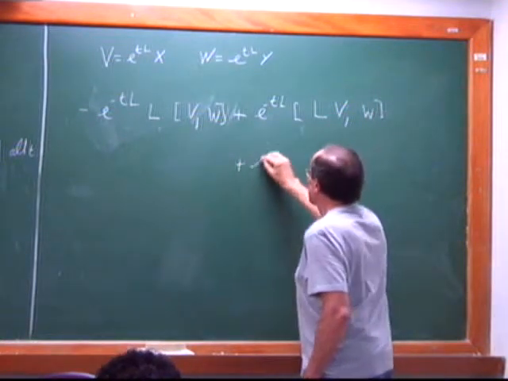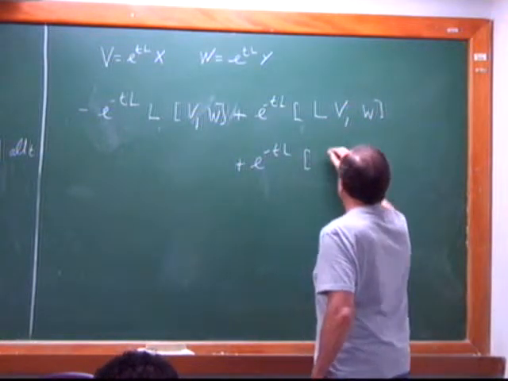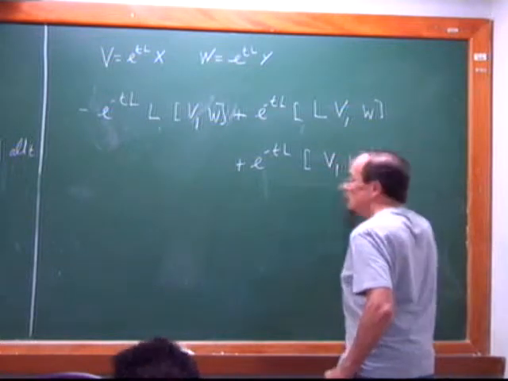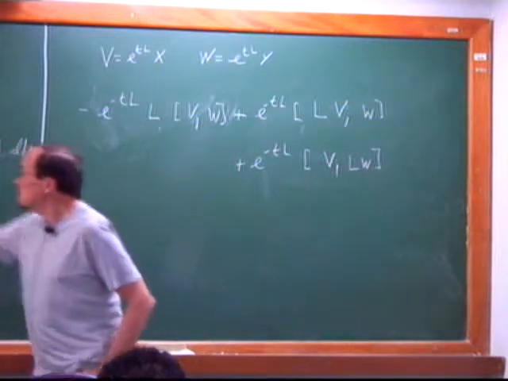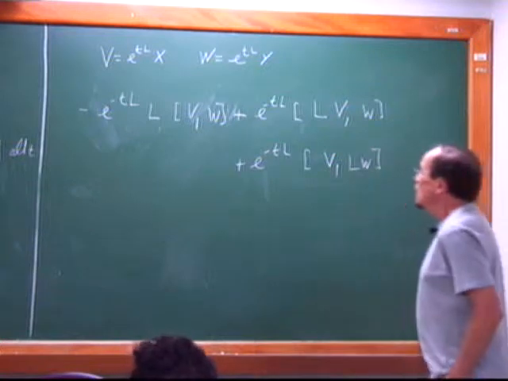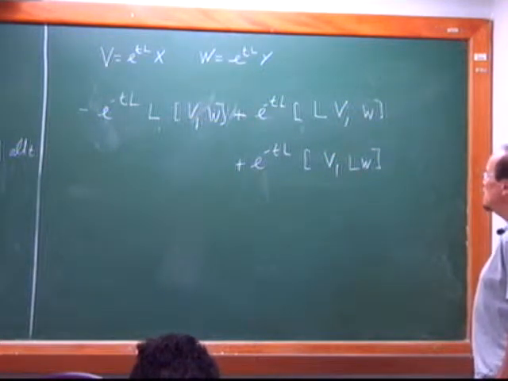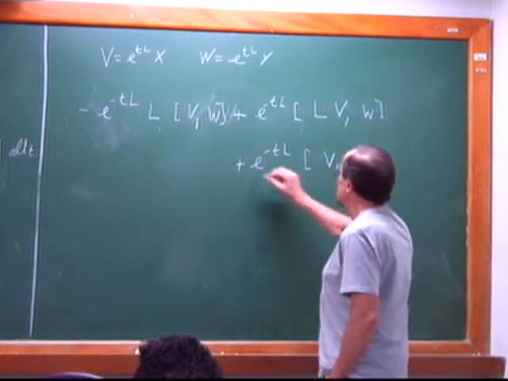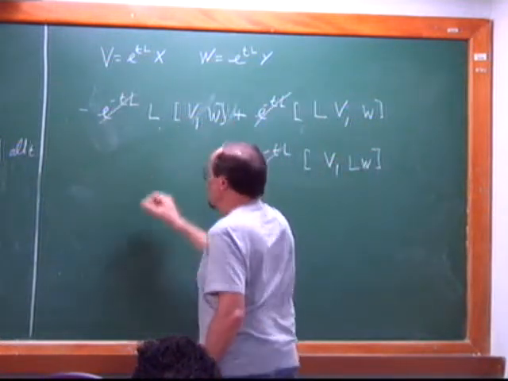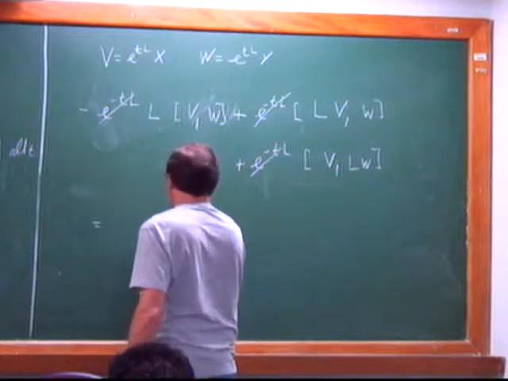And do it the other way around. V L W. If I differentiate this one, put L in front of it. So now cancel e to the tL. Oh, sorry, not cancel that. Put it in front of it.